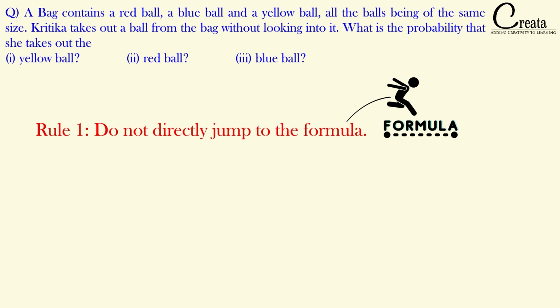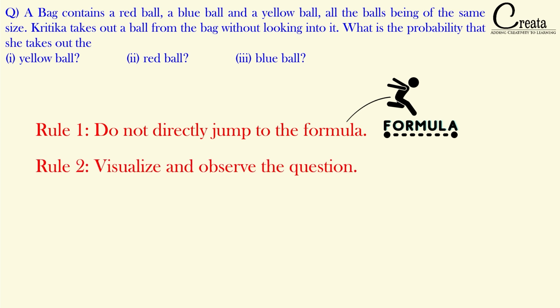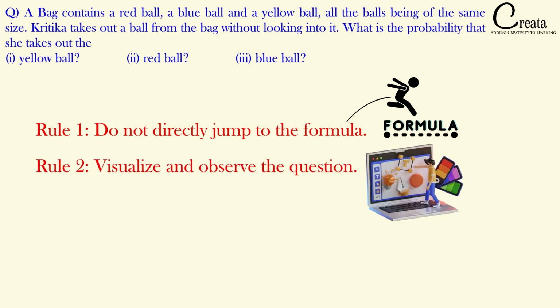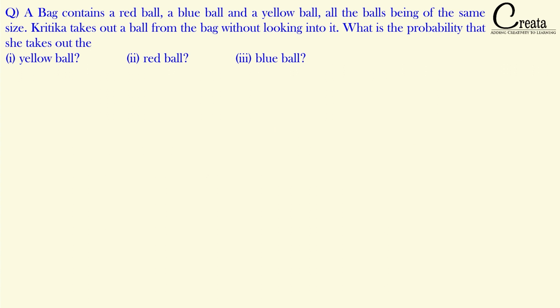The second rule is that we have to visualize the question. Only once we visualize the question, we will try to link it with the formula and see how to approach the question. So, two rules. First, do not jump to the formula. Second, visualize the question. Okay? So, let's approach this question.